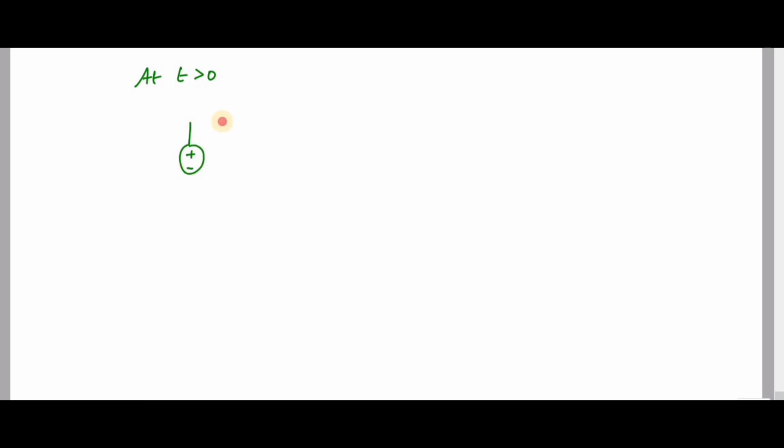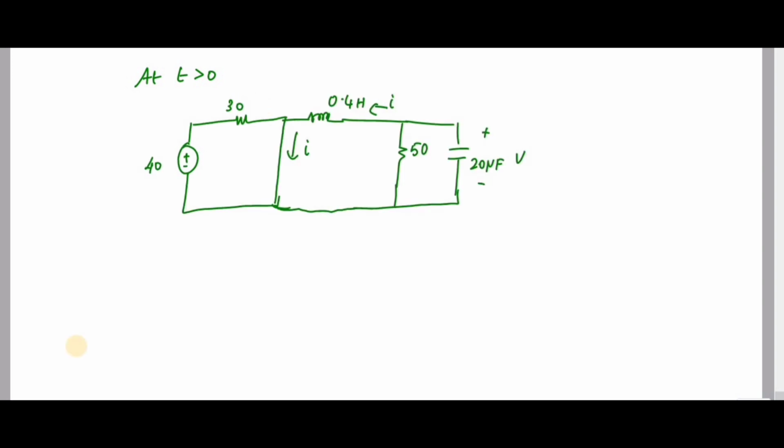You can see this is I, and the current will flow through the minimum resistance, so this value is 0 according to KCL, because the maximum current will flow through the minimum resistance only.